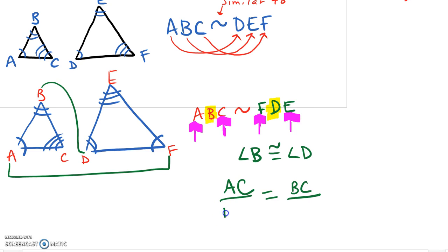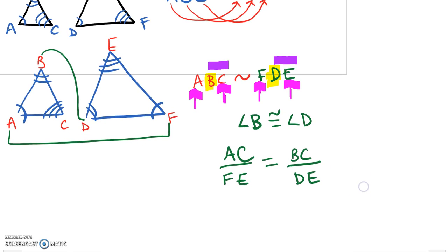So this one is FE. BC, on the other hand, is the middle and the last, so I need the middle and the last. So this one is DE. Because it tells us what the order of all the letters line up is, that helps us solve our problems.